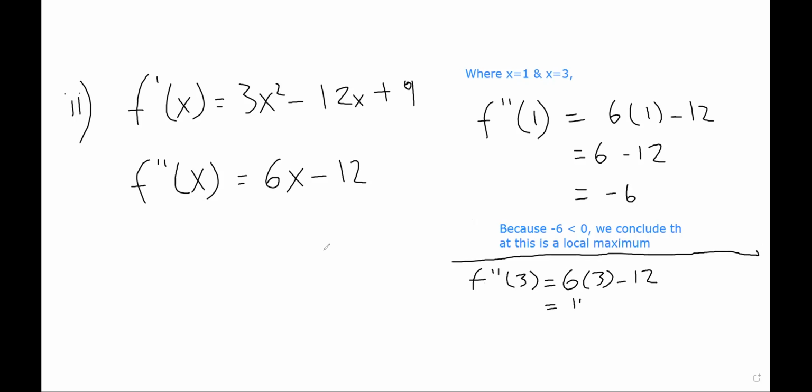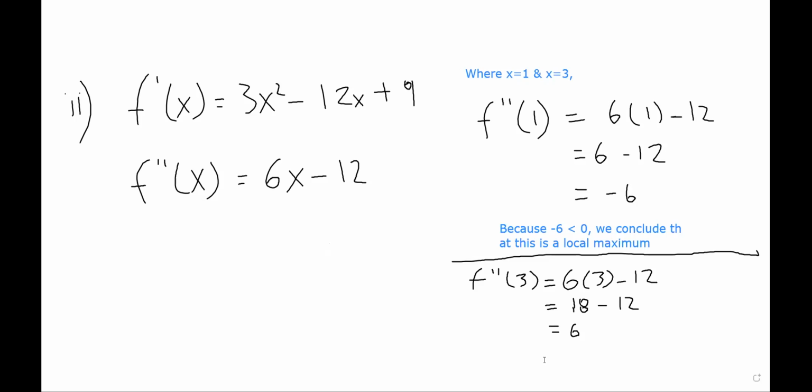So we have 18 minus 12, which is equal to positive 6, right? And realize that the positive 6 is greater than 0. And because it is greater than 0, we can conclude that this is a local minimum, right?